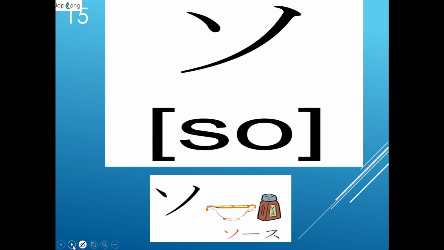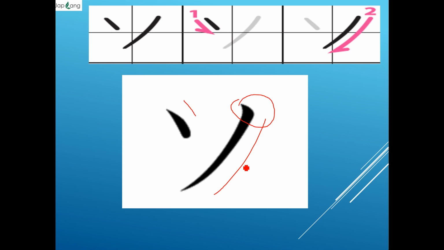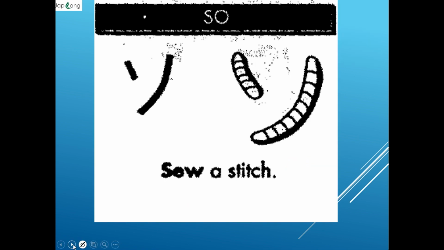This so, as in sauce, has one stroke and a second stroke. You can see the so comes on top, right? This is the portion we have to take care of. So, as in stitch, you can see here.